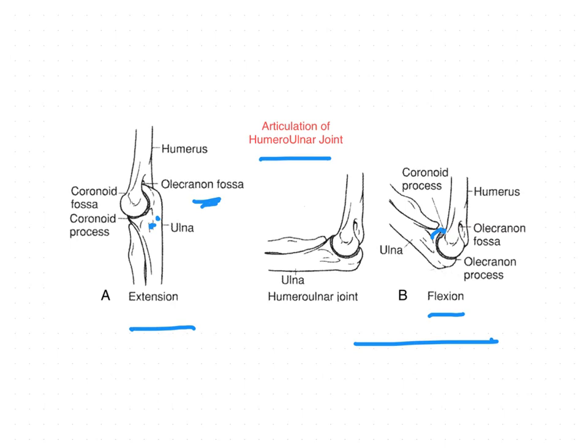So this ridge and the groove are completely congruent. Some investigators have done experiments with cadaveric specimens and have shown that the articulating surface of the trochlea does not contact the articulating surface at the bottom center of the notch unless the joint is heavily loaded.